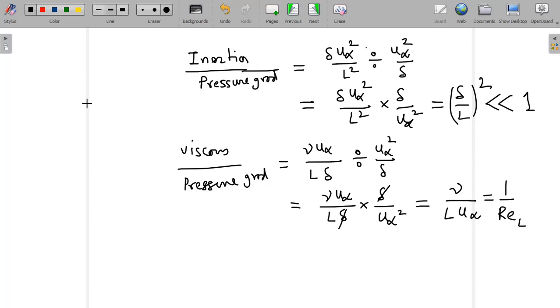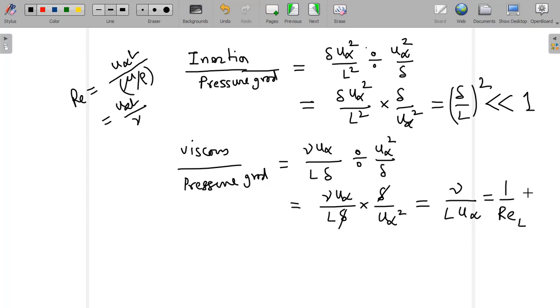Because you know that the Reynolds number is rho into velocity into some characteristic length, if we consider the whole length of the plate as the characteristic length, divided by mu. If you write rho by mu as 1 by nu, then u infinity into L by nu is the Reynolds number, and this is just the reciprocal of that.